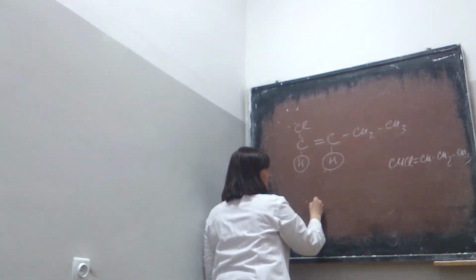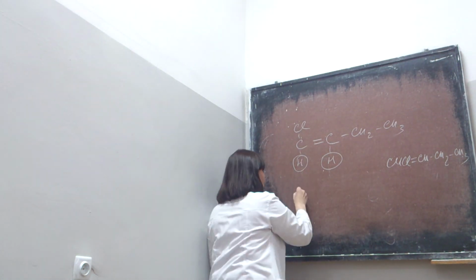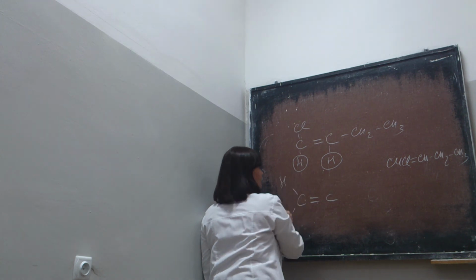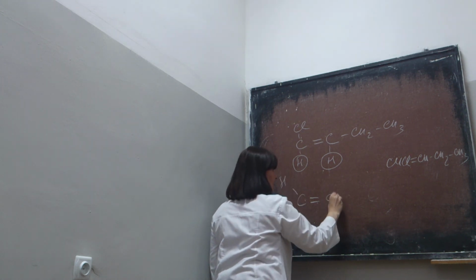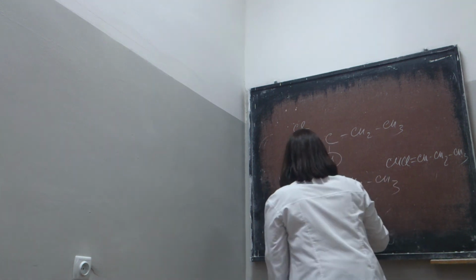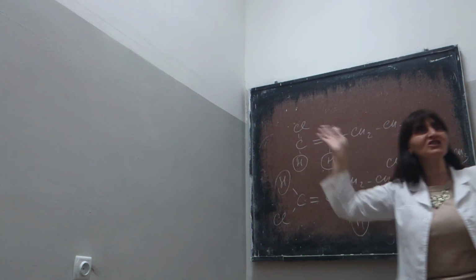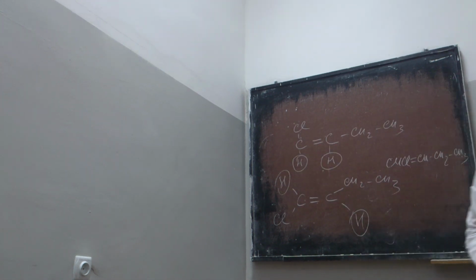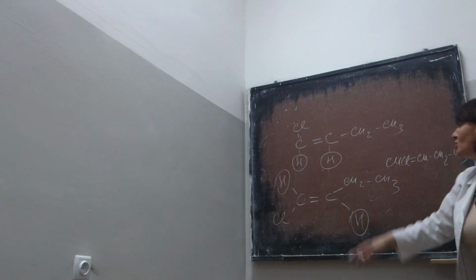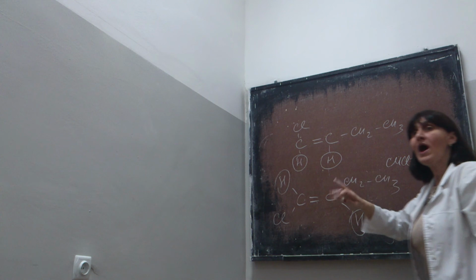Now look, if I draw this version, this is cis. But if I draw it like this, it is but-2-ene with CH2, CH3, H. As you see, these two same groups are on the opposite side of the plane of your double bond, so this one is the trans isomer, and this one is the cis one.